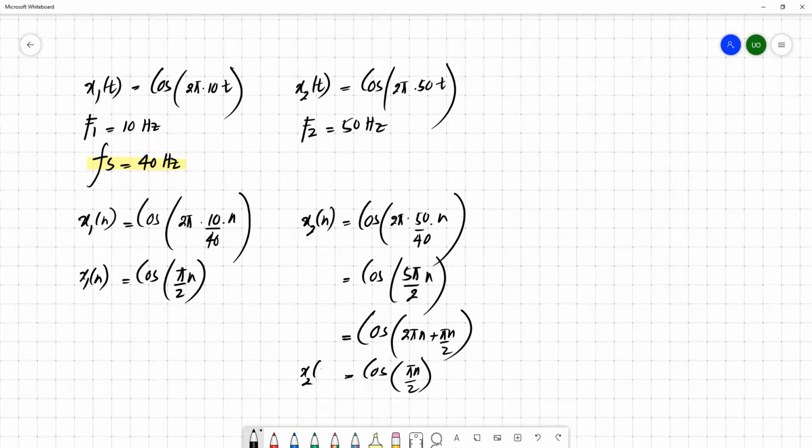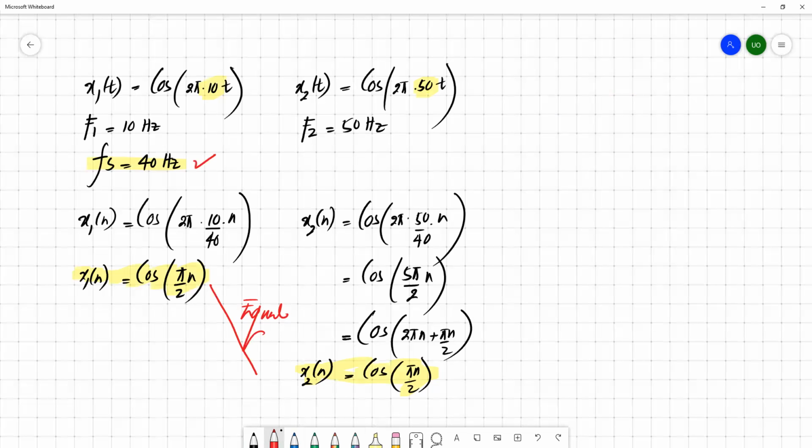So this is your x1(n) in discrete domain, and this is x2(n) in discrete domain. See, this is exactly the same as this. It means if you have two different frequencies in the continuous domain and do the sampling using this frequency, both signals in the discrete domain are equal.